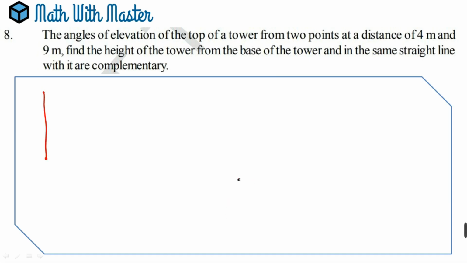We have a tower over here, and the angles of elevation of the top of the tower from 2 points at a distance of 4 meters and 9 meters are complementary.